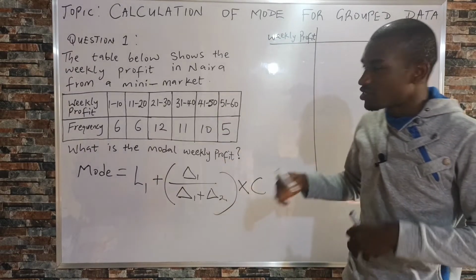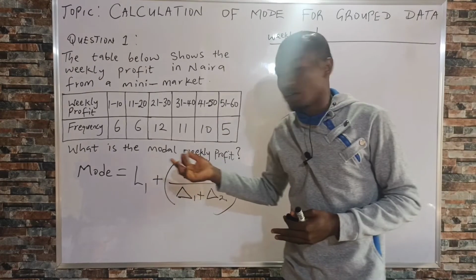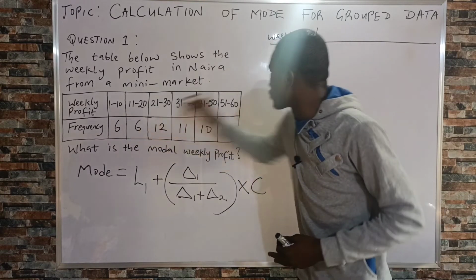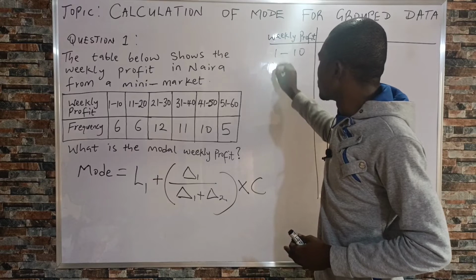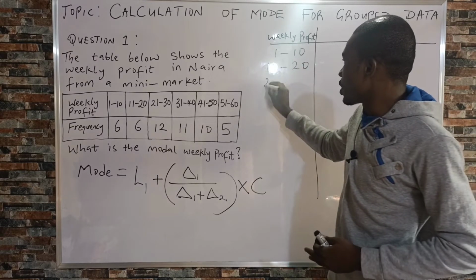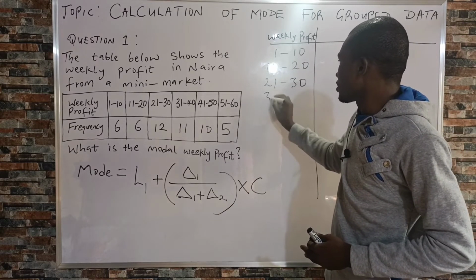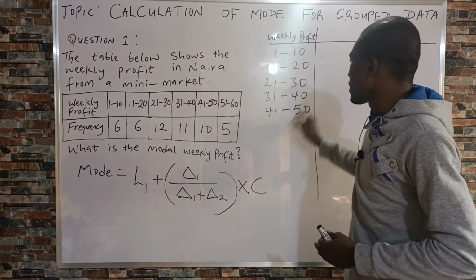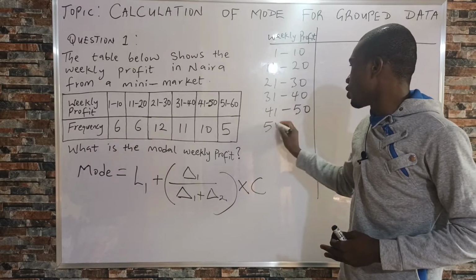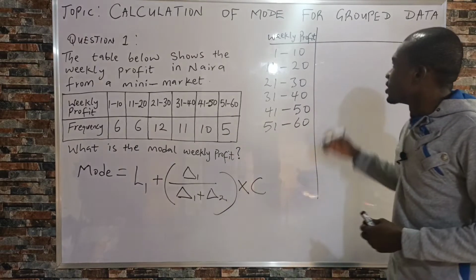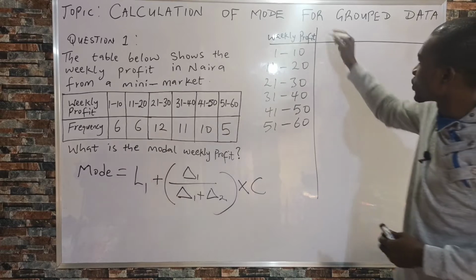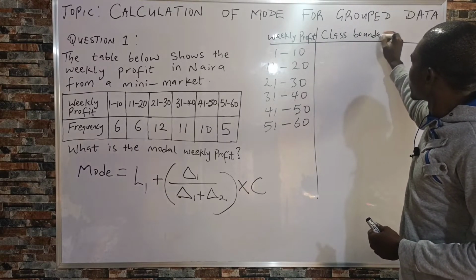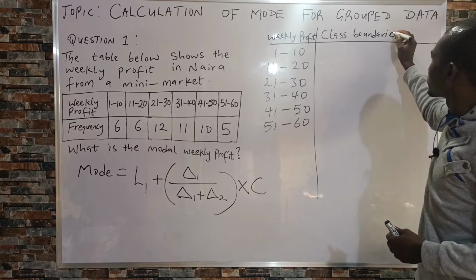The weekly profit still serves the purpose of the class interval, which is 1 to 10, 11 to 20, then 21 to 30, then 31 to 40, then 41 to 50, and the last one, which is 51 to 60. Then for the second column, we have what we call our class boundaries.